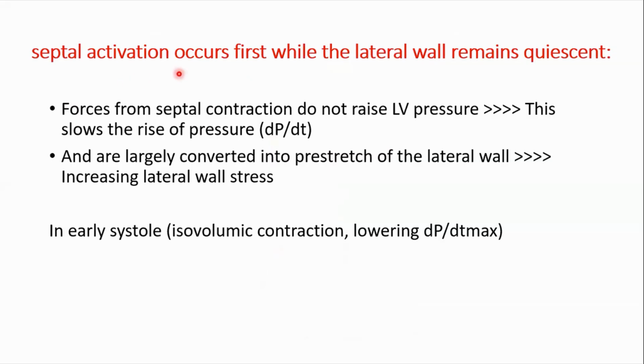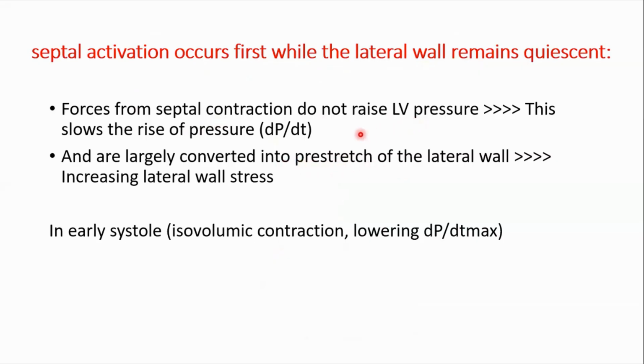Septal activation occurs first in conventional RV pacing and in left bundle branch block, while the lateral wall of the left ventricle remains silent. So forces from the septal contraction are not enough to raise the LV pressure, but they are later converted to pre-stretch of the lateral wall.